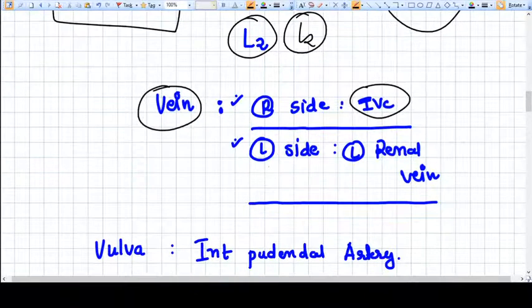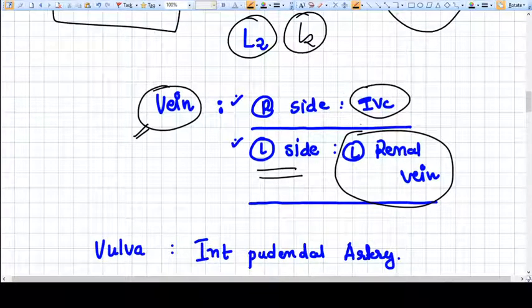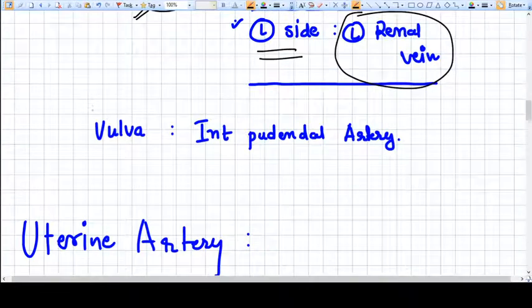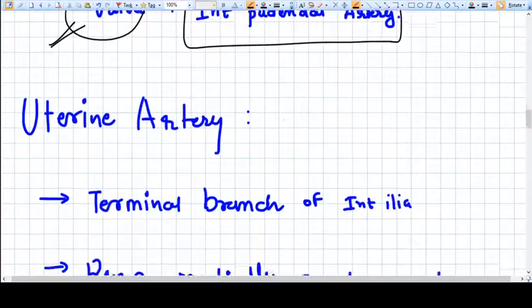But on the left side, the vein doesn't go directly into the inferior vena cava. It goes into the left renal vein, and that left renal vein ultimately goes to the inferior vena cava. The blood supply of the vulva, you must remember, is the internal pudendal artery. So when there is bleeding in an episiotomy, which artery should be responsible? The internal pudendal artery.